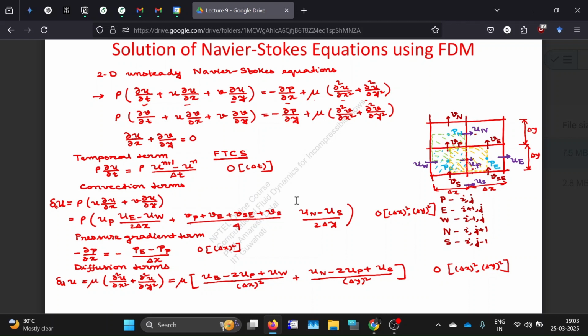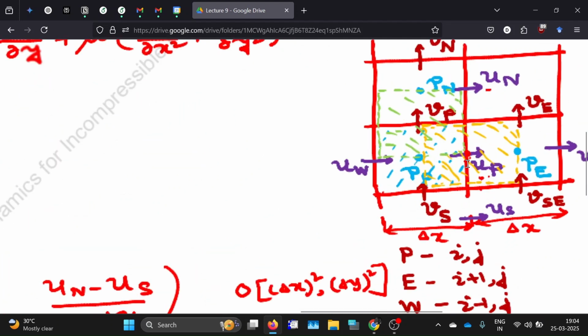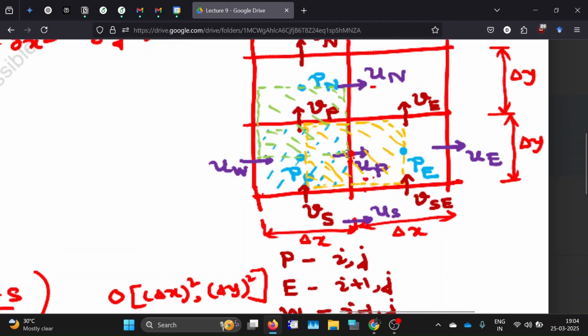No, we have just discussed that. That's what I'm saying, that we are using backward difference. But you said that physically we need to look at it. Pressure is like this, the pressure difference. But for velocities, if I want to find the velocity gradient at this point, we have two options.